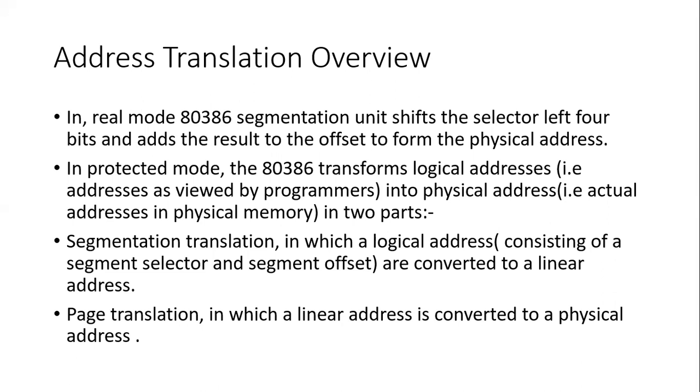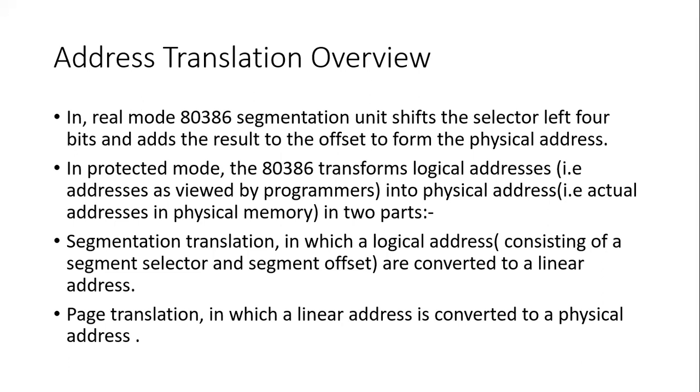Linear address means the address that is to be mapped, a pre-translated address. Got it? So segment translation does the work of converting your logical address to a linear address. The logical address consists of a segment selector and a segment offset. This I will show you in the diagram now.